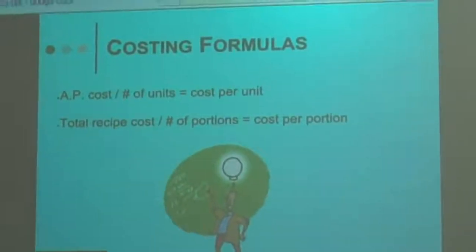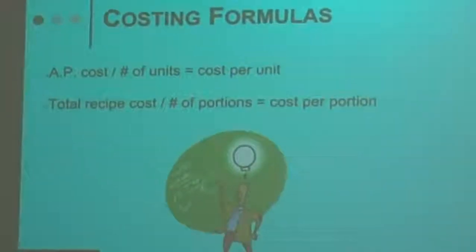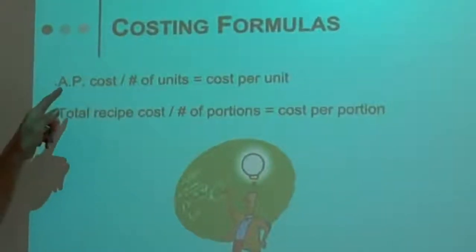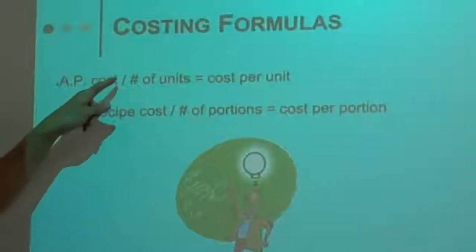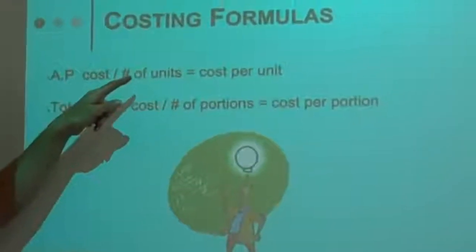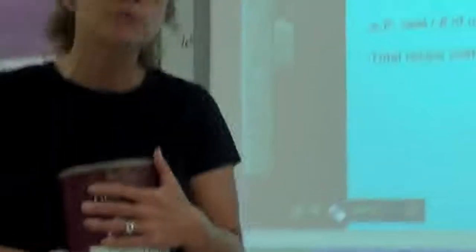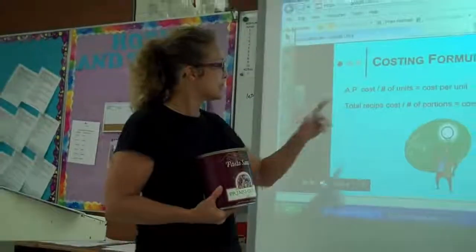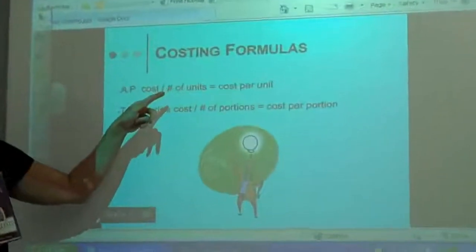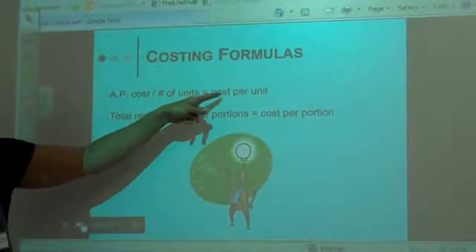Okay, your formula. AP stands for as purchased price, divided by the number of units is the cost per unit. So just to give you an example, if a case costs $12, and there are 6 cans in a case, 12 divided by 6 is $2.